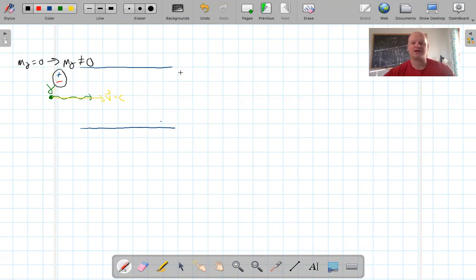As I showed on the other slide, the speed of the photon inside the dielectric is equal to the speed of light divided by the index of refraction, which means the index of refraction is simply equal to the speed of light divided by the speed at which it's moving inside of the medium. So in general, the index of refraction will always be greater than 1, and it's only equal to 1 in vacuum.